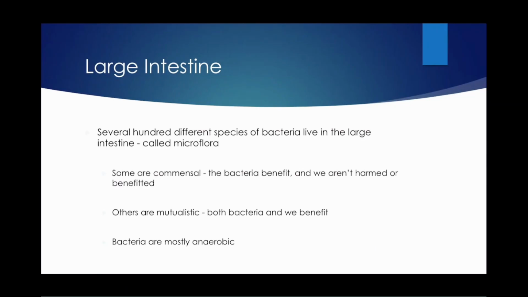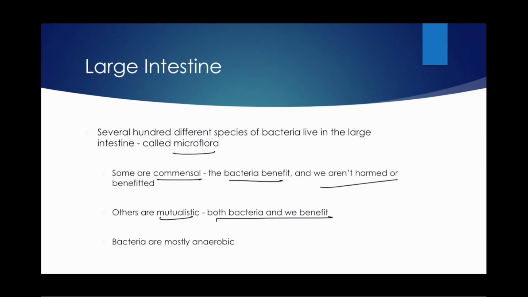Several hundred different species of bacteria, we call it a microflora. Some are commensal, meaning the bacteria benefit, and we aren't harmed or benefited from it, but they live there. Some are mutualistic, both bacteria and we benefit. And the bacteria are going to be mostly anaerobic because there's not a lot of air in the large intestine.